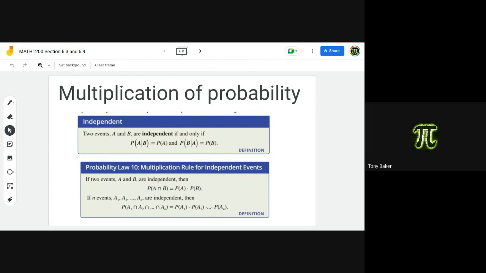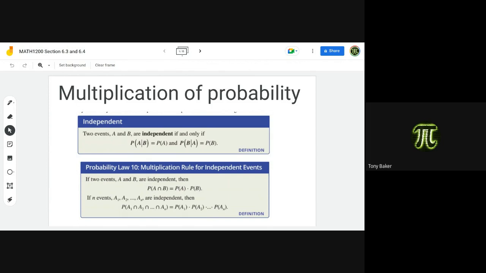So the first thing we need to look at is, are the two events independent or dependent on each other? So Hawks gives you these crazy definitions. And honestly, in this section, some of the definitions make this way harder than it has to be.